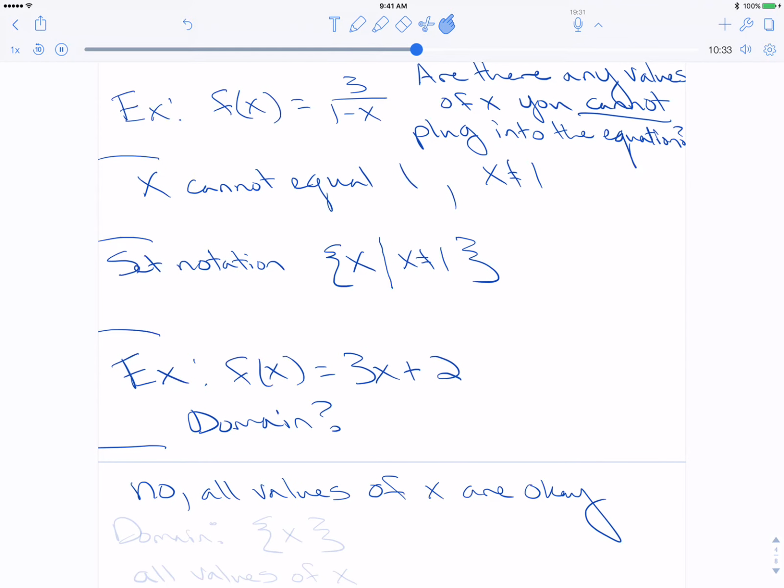So what that means is that when we define the domain, you can write it in one of two ways. You can say that the domain of f of x is given by just x. No exclusions, no vertical bar, because we're not taking anything out. Just all values of x. Or you can just write the words "all values of x."